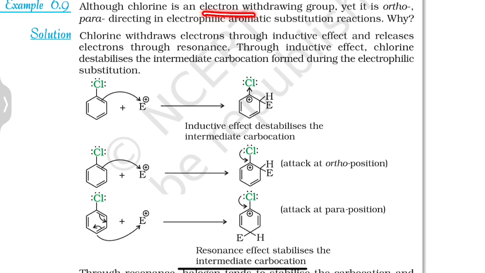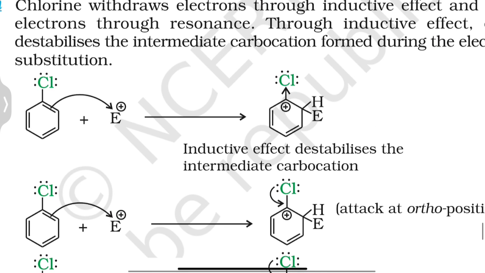Although chlorine is an electron withdrawing group, yet it is ortho-para directing in electrophilic aromatic substitution reaction. Why? So you know that it is a deactivating group. It shows minus I effect, because of which you can see that here it is taking electrons towards itself.